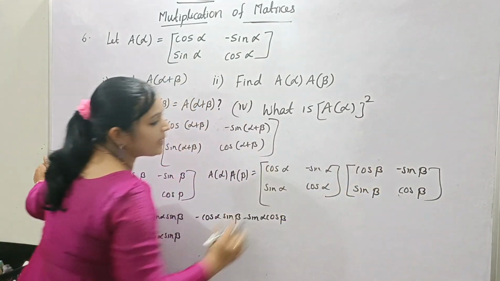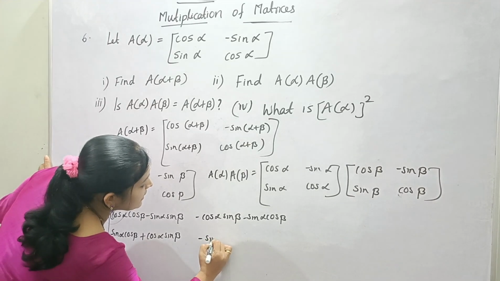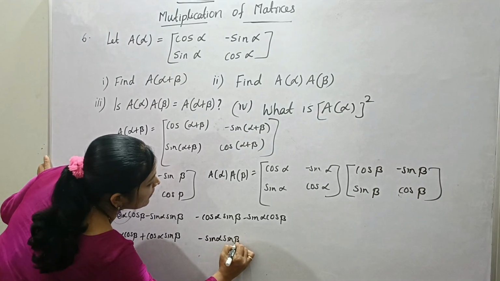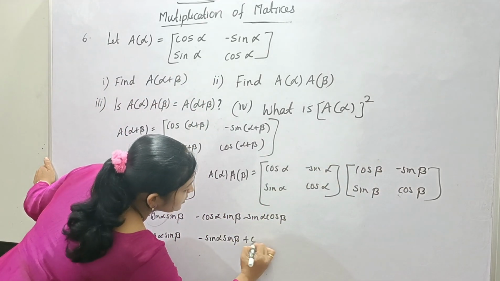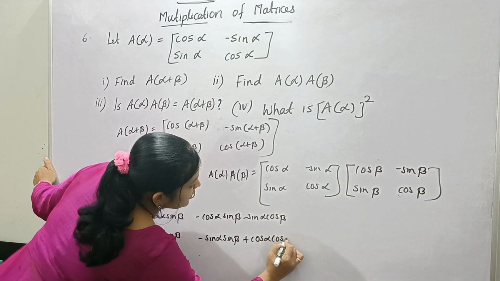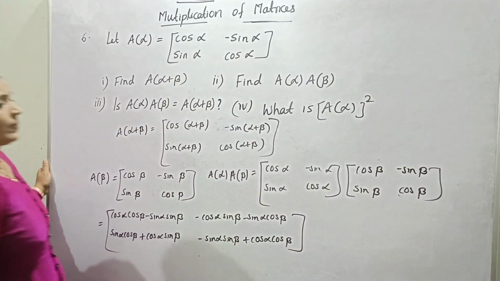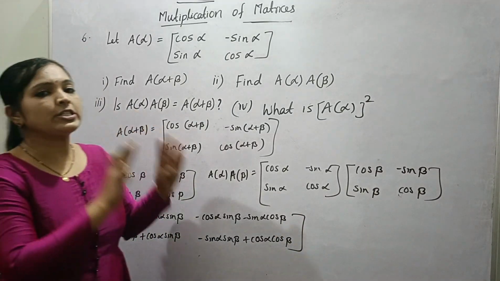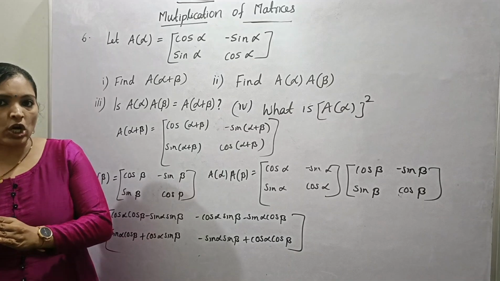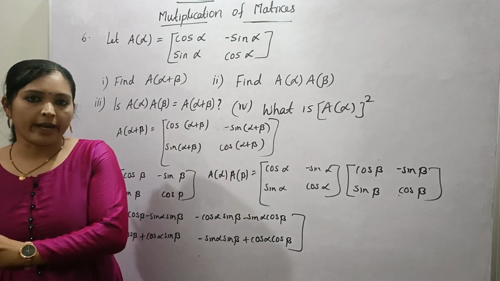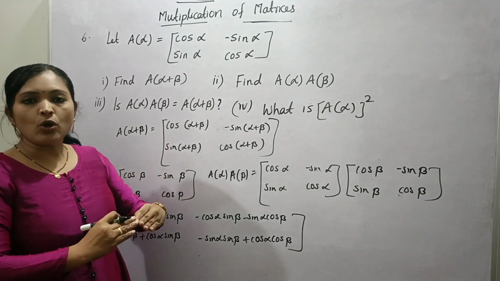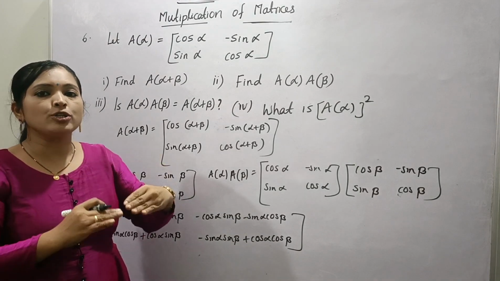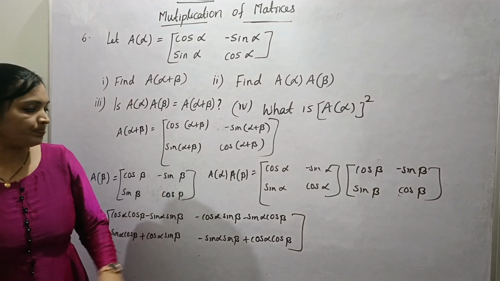Sin alpha into minus sin beta, that is minus sin alpha sin beta, plus cos alpha cos beta. Okay, don't be confused. First row multiply with the first column, first row multiply with the second column. Then second row multiply with the first column, second row multiply with the second column.